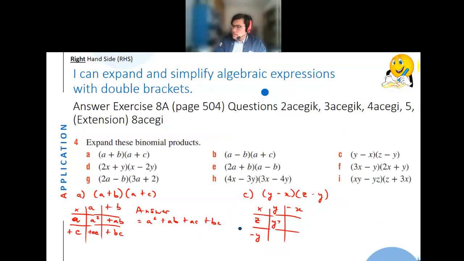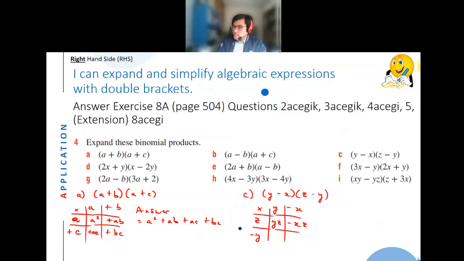The convention is that you write the letters in alphabetical order, even though if you write zy, that's still fine. Next, we've got z times negative x, a positive and a negative is a negative, and that's just going to be negative xz.